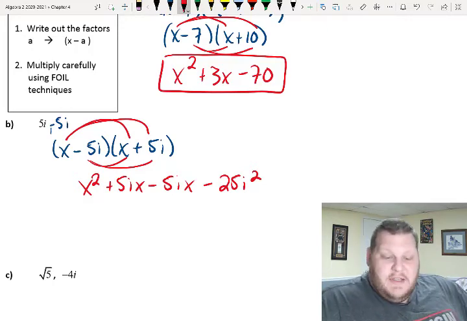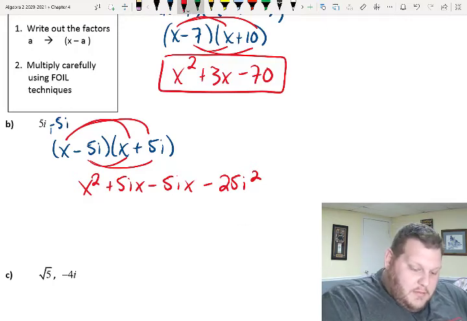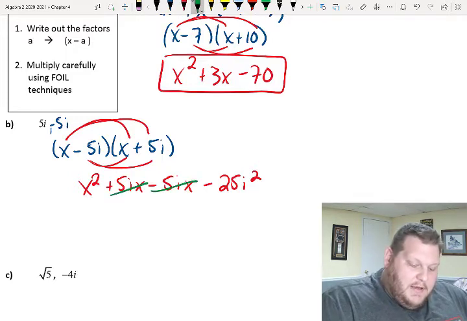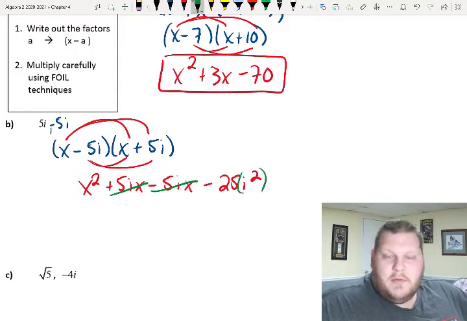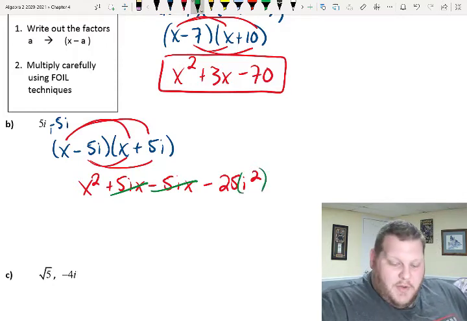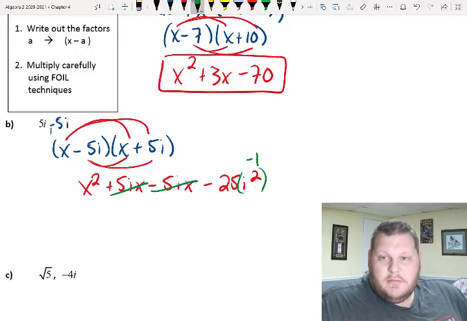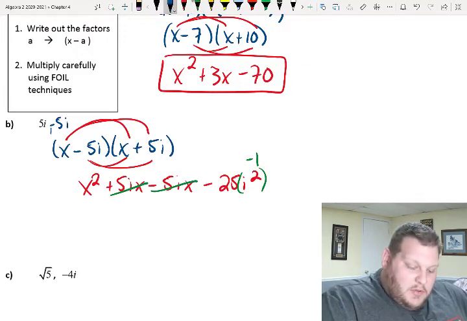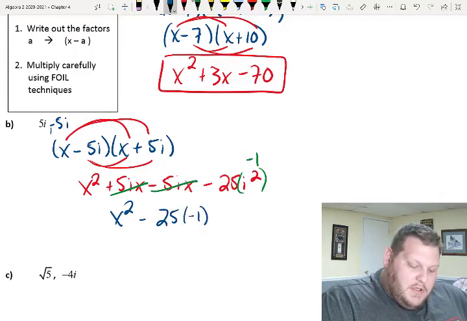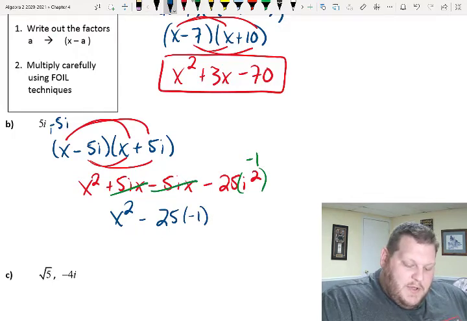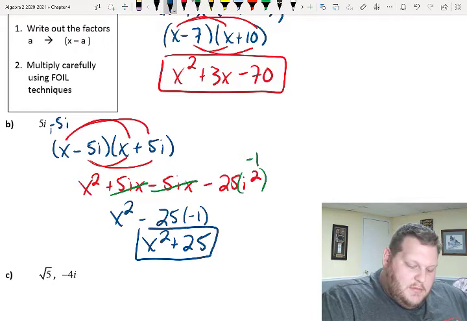As I FOIL this out, the 5ix and negative 5ix are going to cancel out. We should remember from last semester that i squared is the same thing as negative 1. So this turns into x squared for my first term minus 25 times negative 1, which ends up just being x squared plus 25.